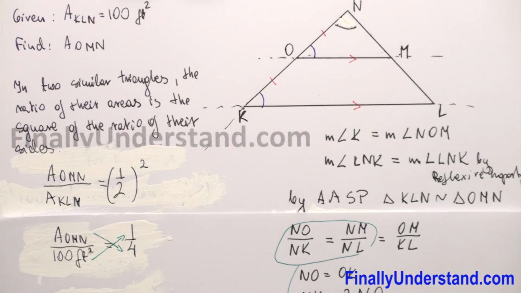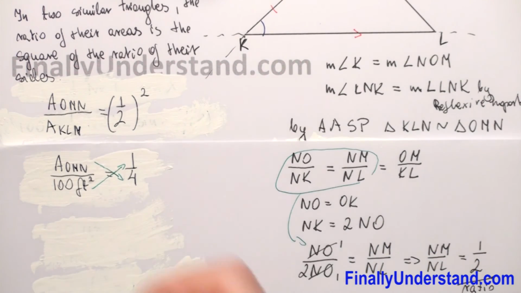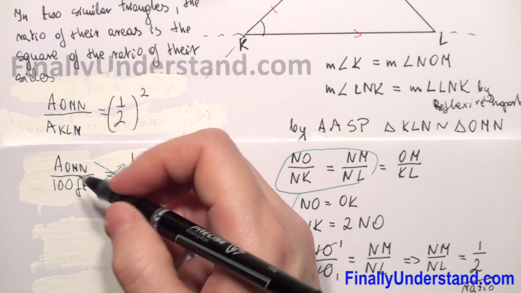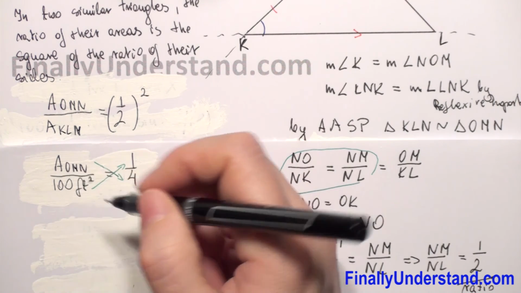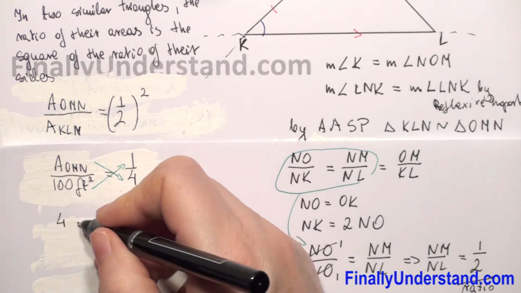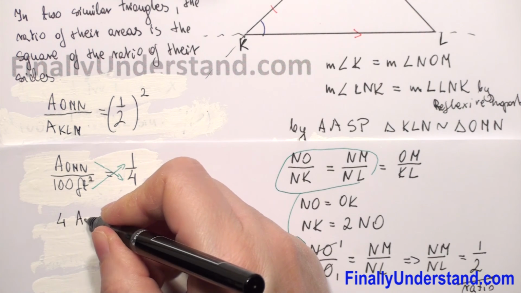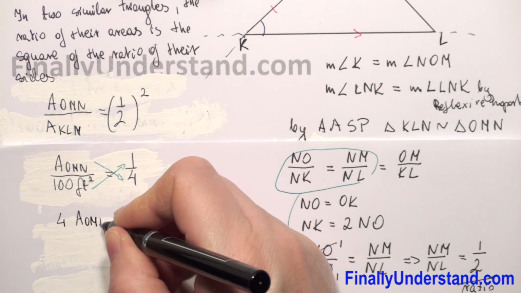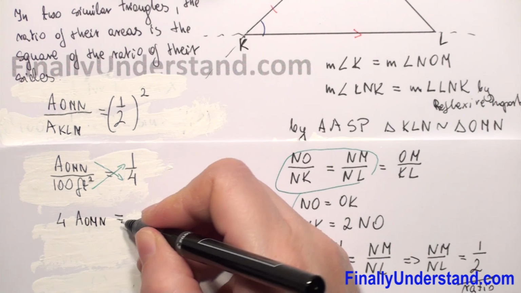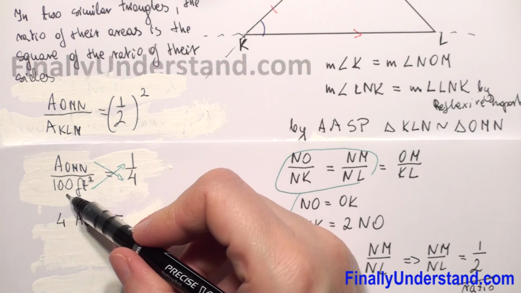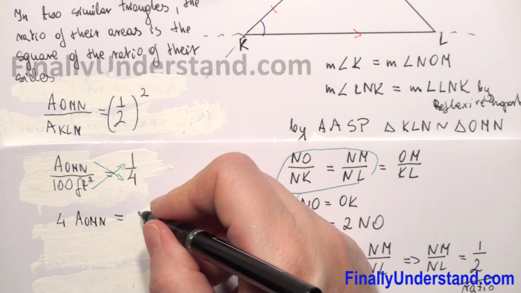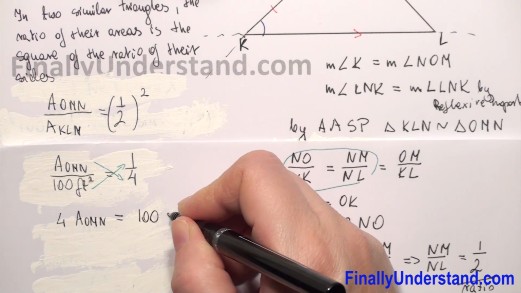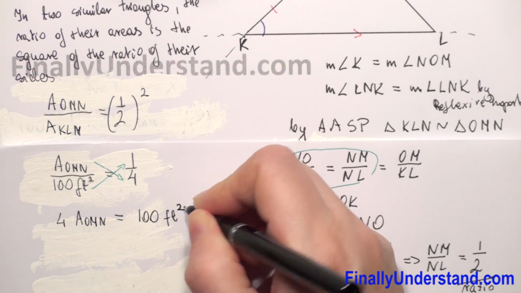So we have that the area of triangle OMN times 4. So I will put 4 at the beginning, 4 times the area of triangle OMN is equal to 100 square feet times 1. So this is 100 square feet.